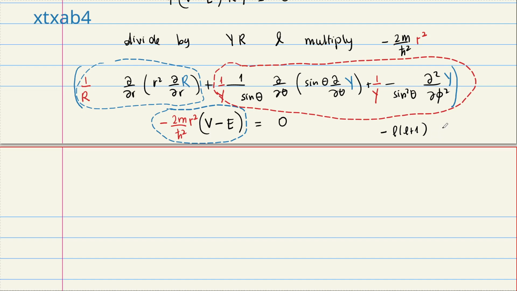And rather than calling it C, we call it L times L plus 1 because the solutions are well known and we want to connect to these well known solutions. They are indexed with L. And the other part, this blue circled region, is independent of theta and phi, and it's also constant. We are going to write the solutions in terms of special functions, and special functions have these special indices. I mean, you can also do it with C, but it's going to be a little bit roundabout.